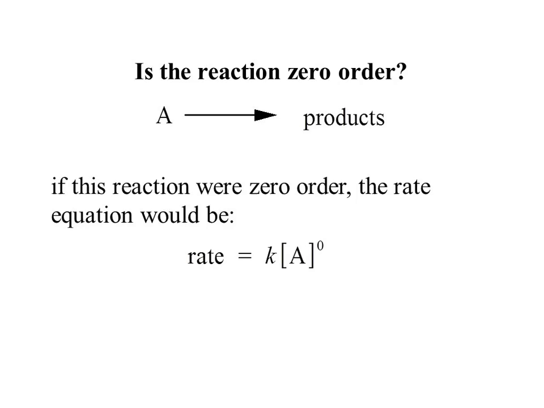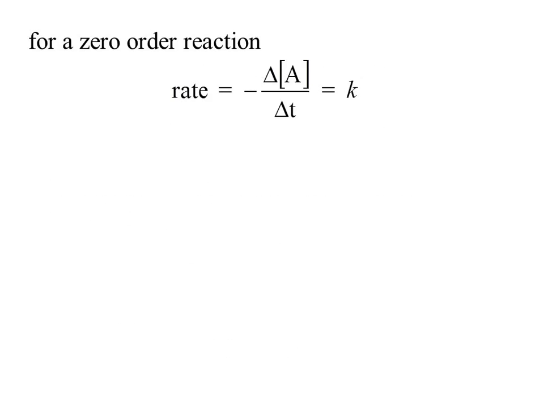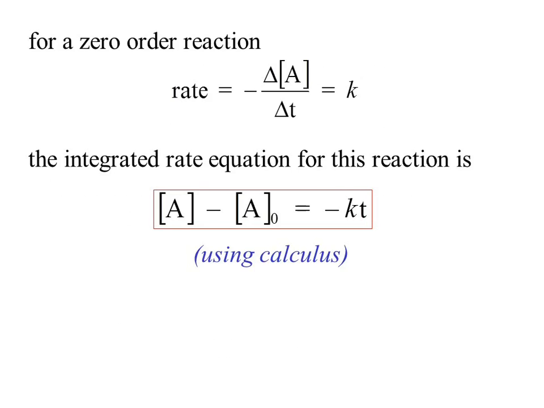If something's 0 order, it's kind of weird. Basically, the molar concentration of that reactant raised to the 0th power, which is 1, since anything raised to the 0th power is 1. So if it's 0 order, its molar concentration has no effect on the rate. So the rate is equal to K. Integrating that first statement using calculus, you come up with this relationship for 0 order.